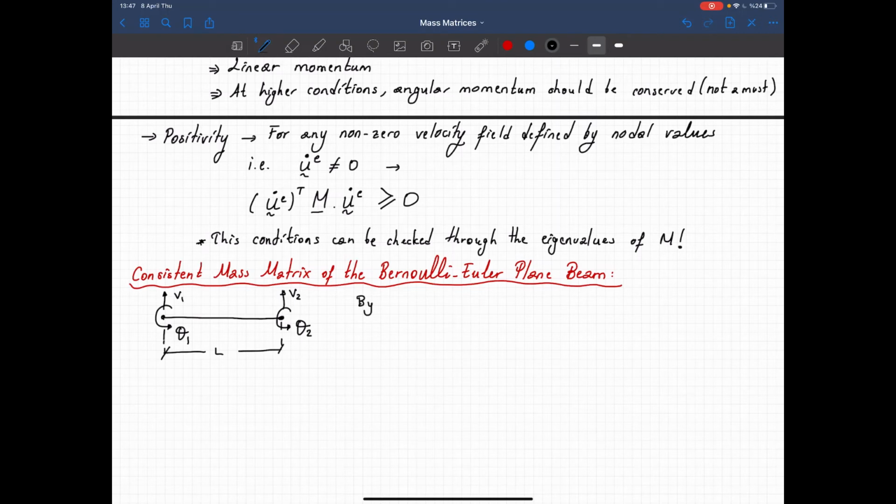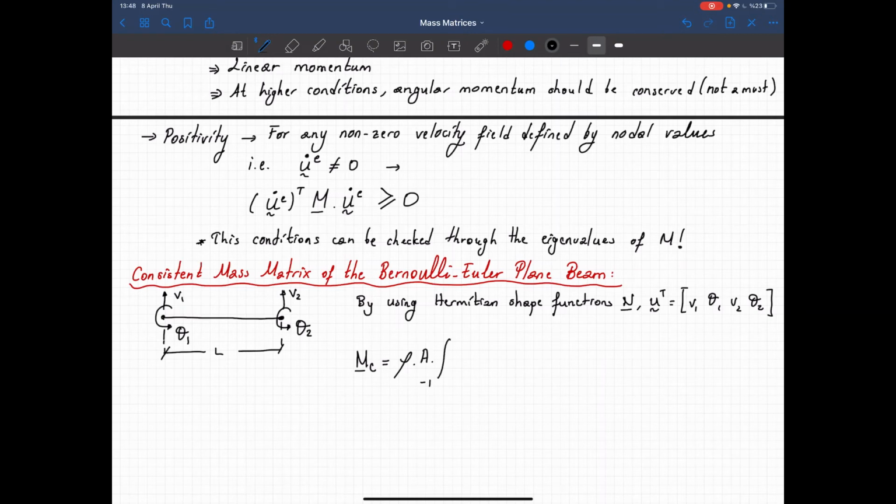So by using Hermitian shape functions, and U as V1, theta 1, V2, and theta 2, we obtain the consistent matrix as rho times A times the integral from minus 1 to 1 of L over 2 N transpose N d psi.